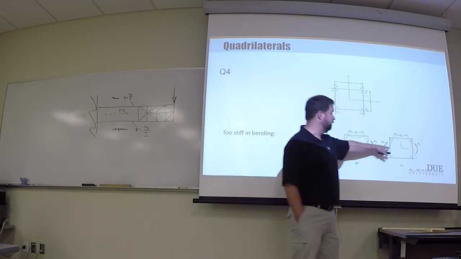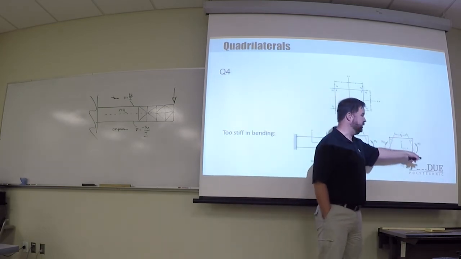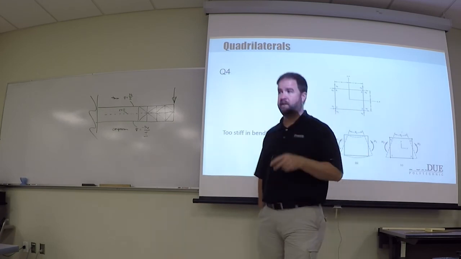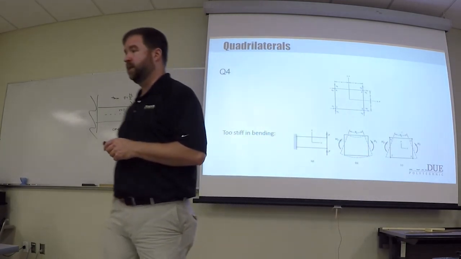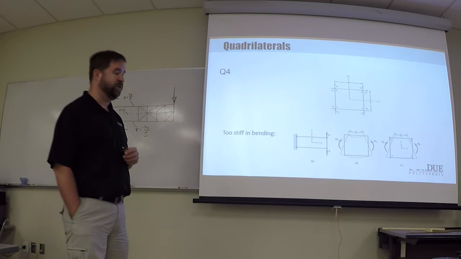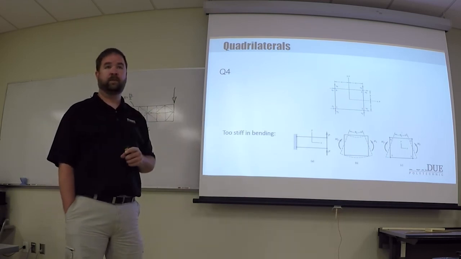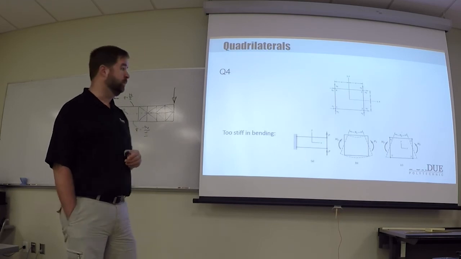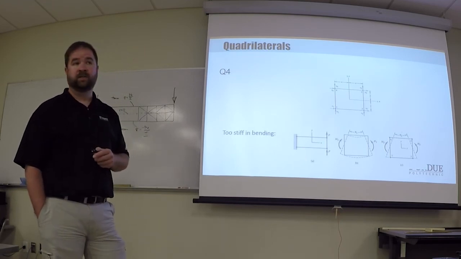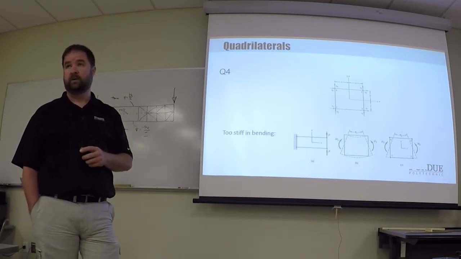In our model, because our sides have to remain straight, instead of curving, they remain straight, so it looks like a parallelogram or a trapezoid instead of a curved beam. So again, the results are going to be too stiff. My displacements are going to be smaller than they should be.